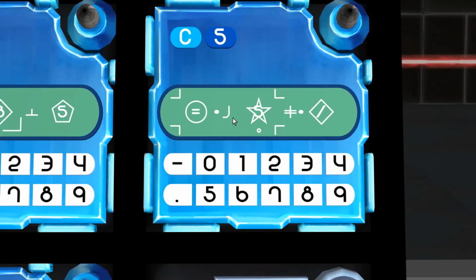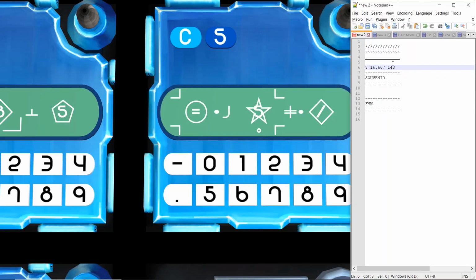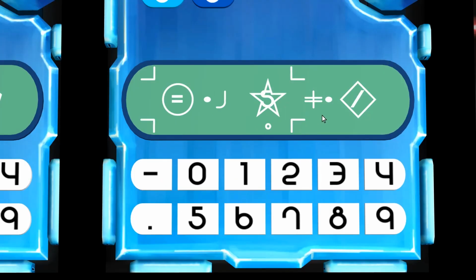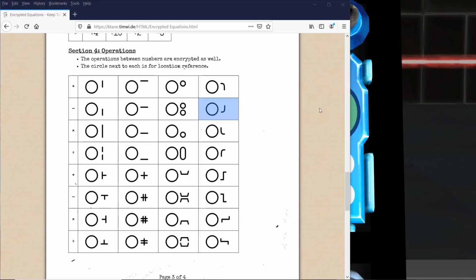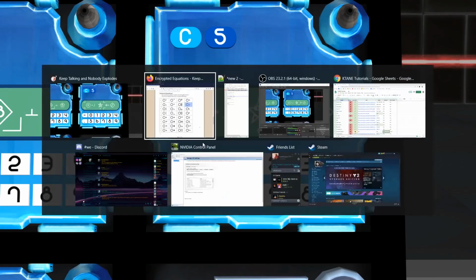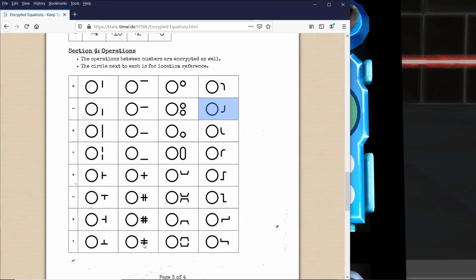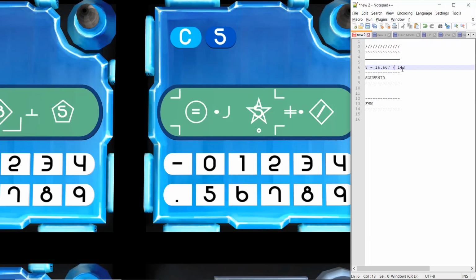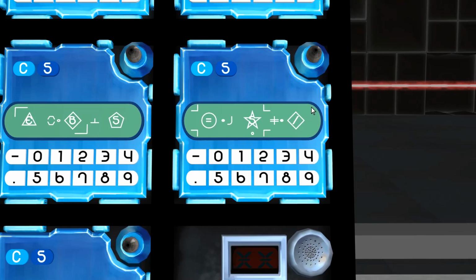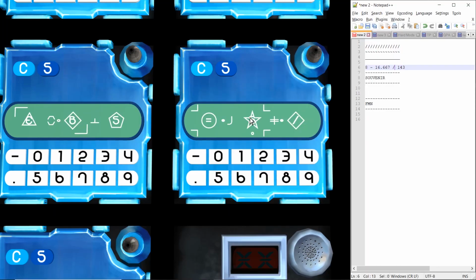So this operator is a subtraction, a minus sign. And this operator over here, see, it's 2 horizontal bars and a vertical bar. So it's this one. So this symbol is going to be a division symbol. Okay.